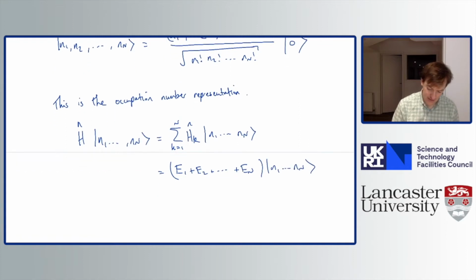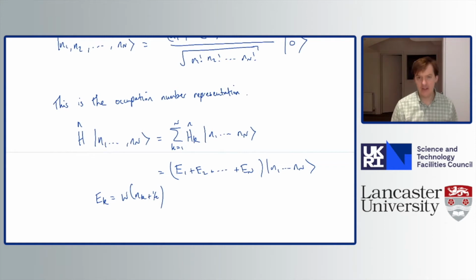And here, each of these E's, Ek, is simply omega times nk plus a half. Okay, so E1 is omega times n1 plus a half, whatever n1 is, and so on. So just by specifying the numbers, we're able to determine what the total energy is for this state. Okay, so that's the generalization from one oscillator to n oscillators.